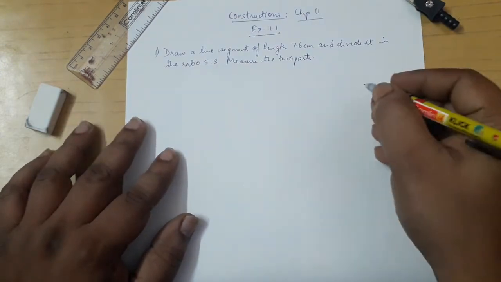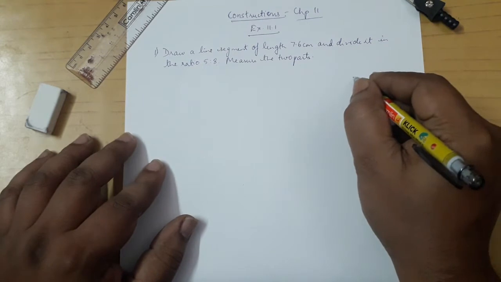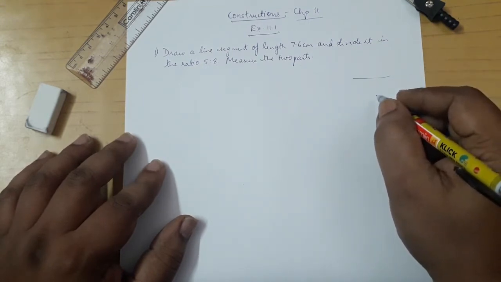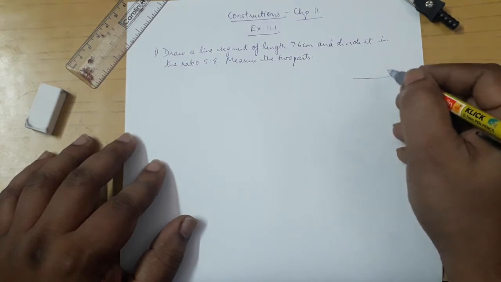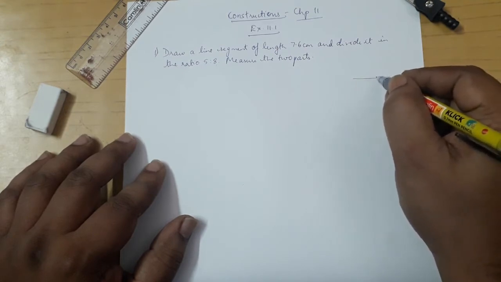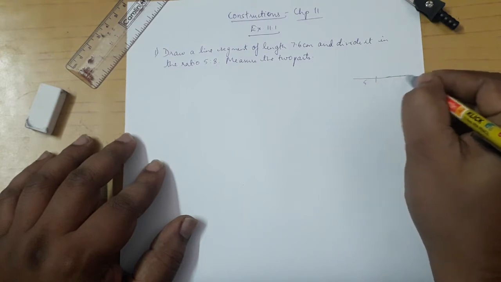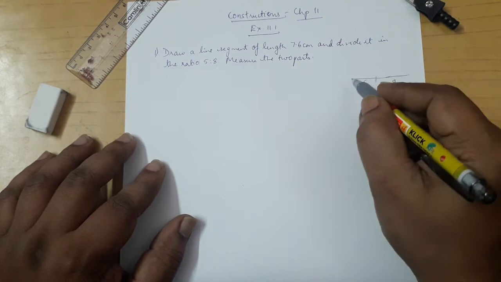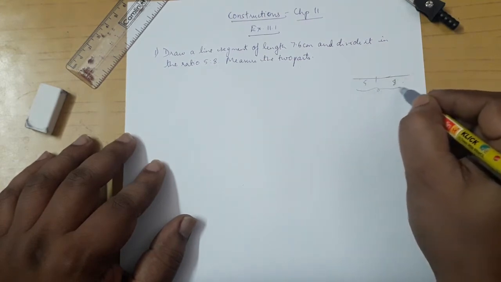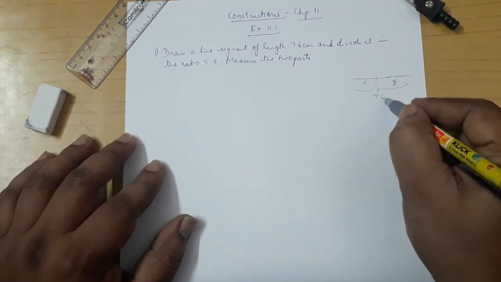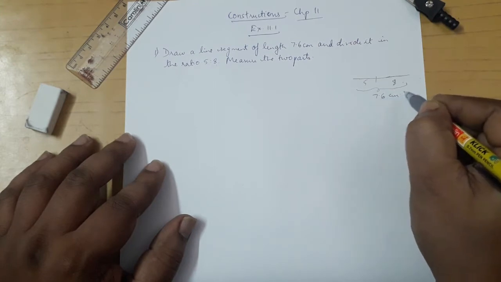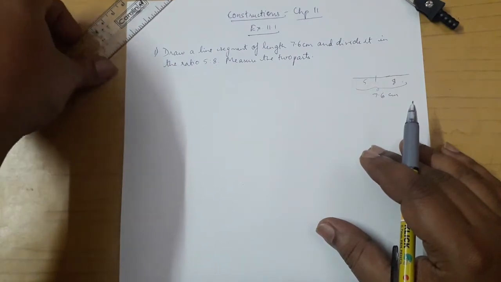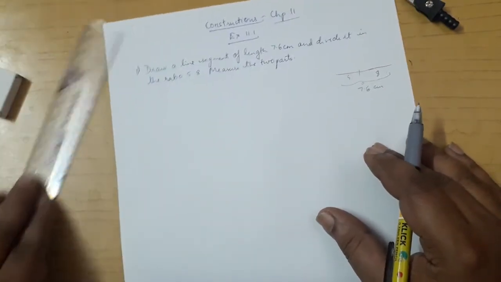So what we need to do first is we'll have to draw a line, and in order to divide it, we'll have to divide it into two ratios, that is one will be 5 and the other one will be 8, so into 13 units. But this entire line, total line, will be of just 7.6 centimeters. So what we'll do first is we'll just draw the 7.6 centimeters first to begin with.